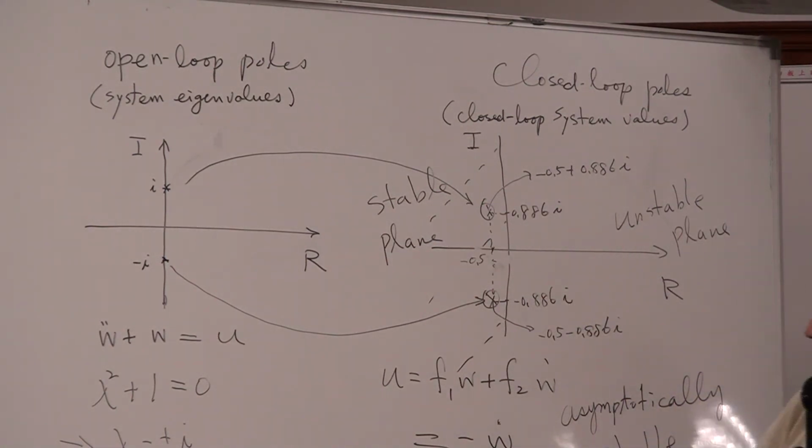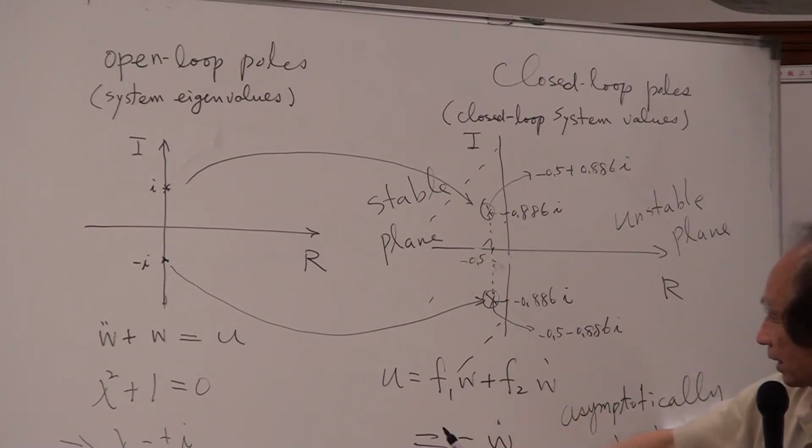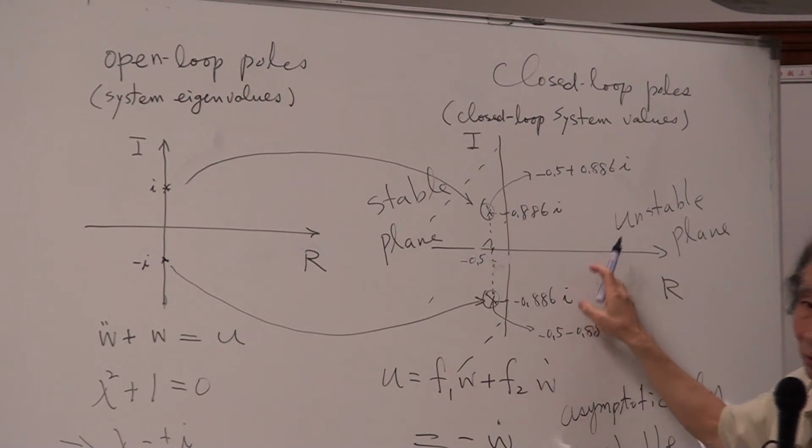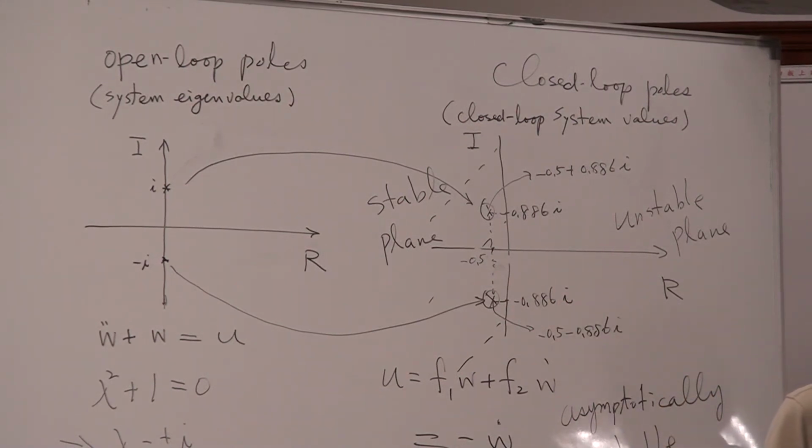That means after we give the feedback like this, my system becomes very stable. We call it asymptotically stable. Understand now? Okay. So that's the purpose.